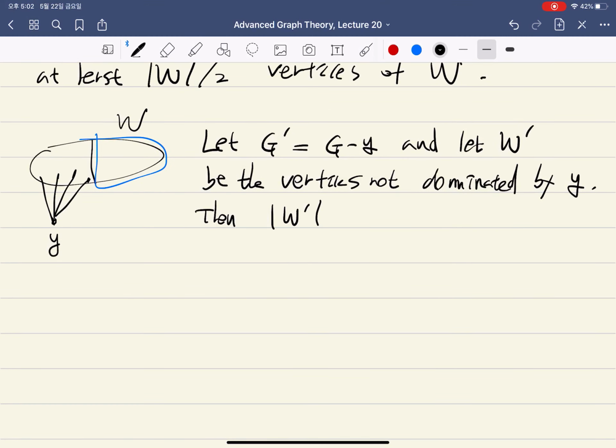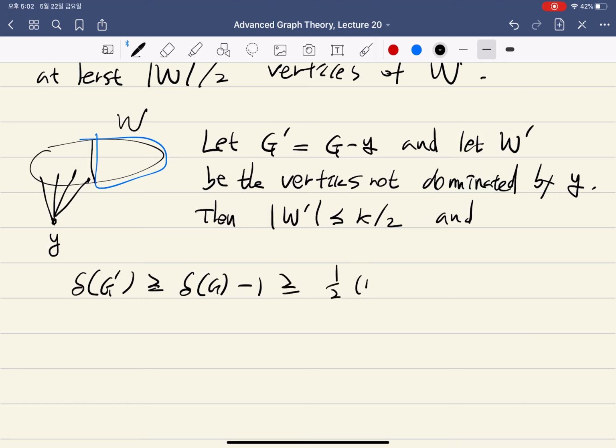Then we know that this W prime has size at most K minus 2, and the minimum degree of G prime, because we delete one vertex, is half times n plus log 2 K minus 1. So it also lowers by 1.